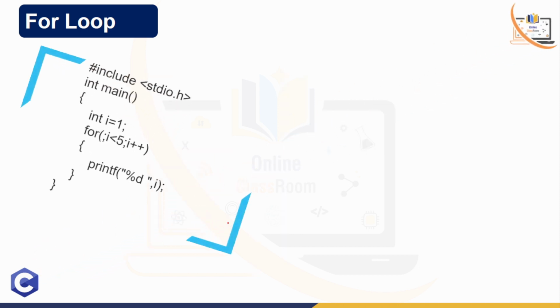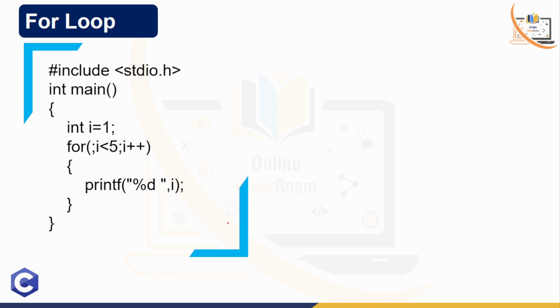Now the next option is this assignment, right? In the expression 1, only a semicolon is also accepted by the for loop, but the initialization should be before the for loop. So if we write int I equals to 1, it means the value of I previously will be 1. And if we write only a semicolon here, the compiler will automatically check if I is initialized previously or not.